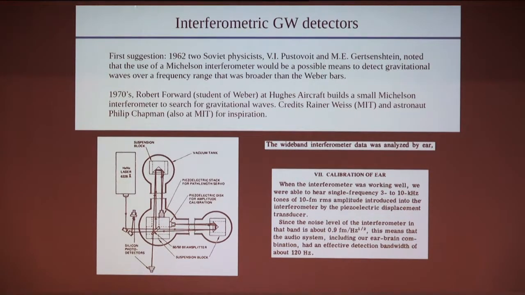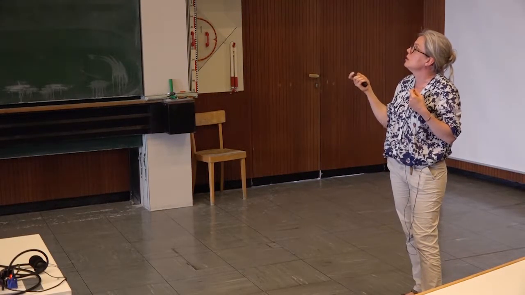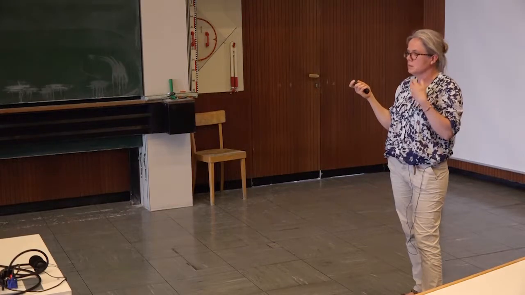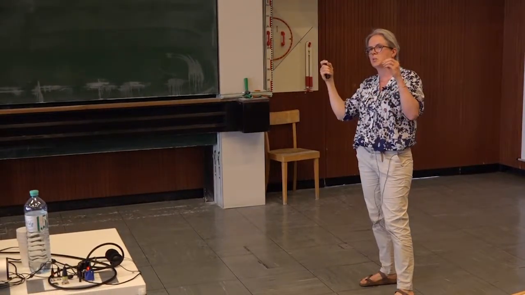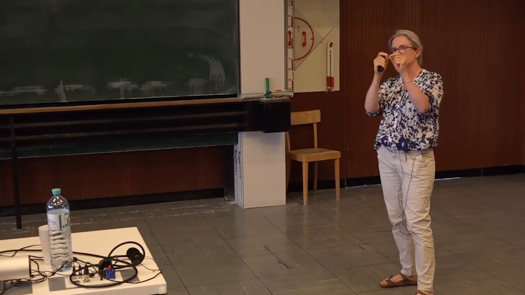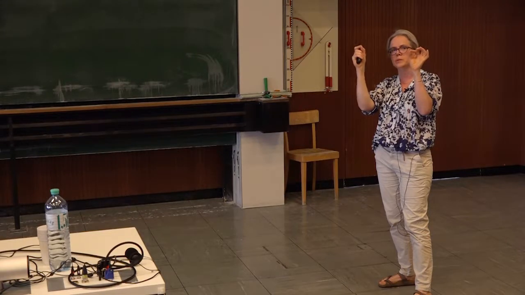Roughly at the same time as Joe Weber's bars, people clearly realized that to detect gravitational waves, you have to be able to measure precisely a change of distance between two points.